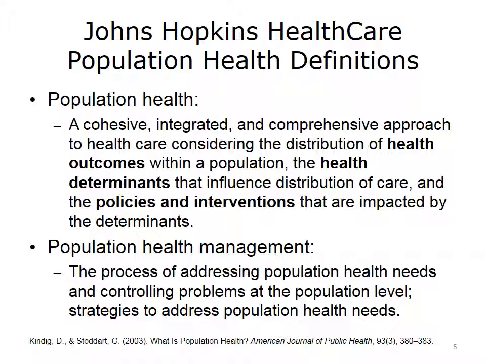Population health management, then, is a process. It is the process of addressing population health needs and controlling problems at the population level. So there are strategies that address population health needs.